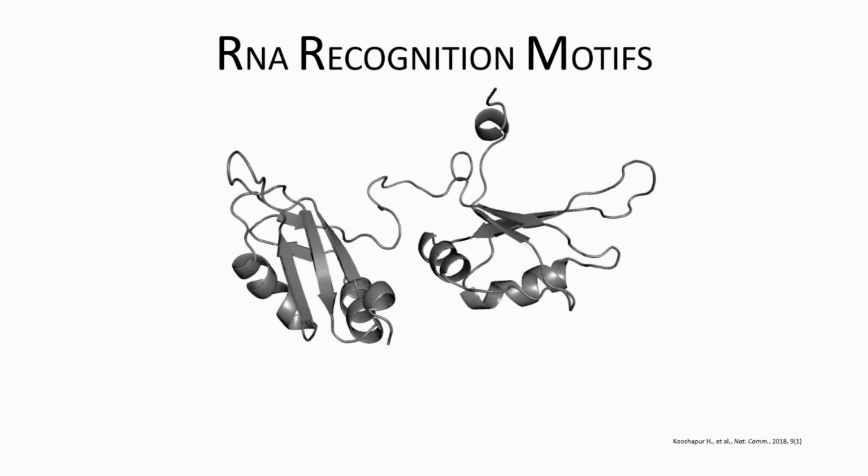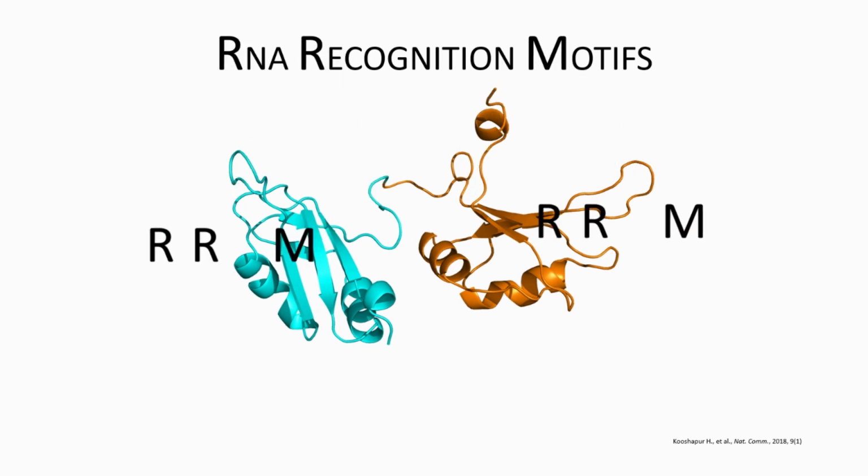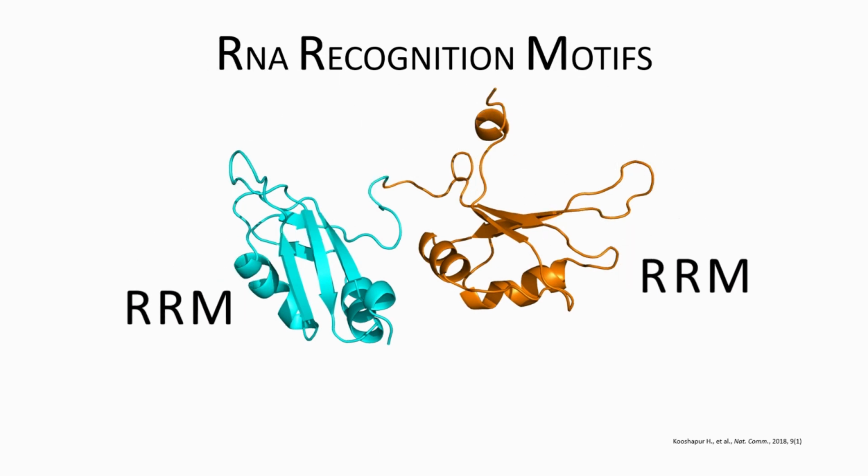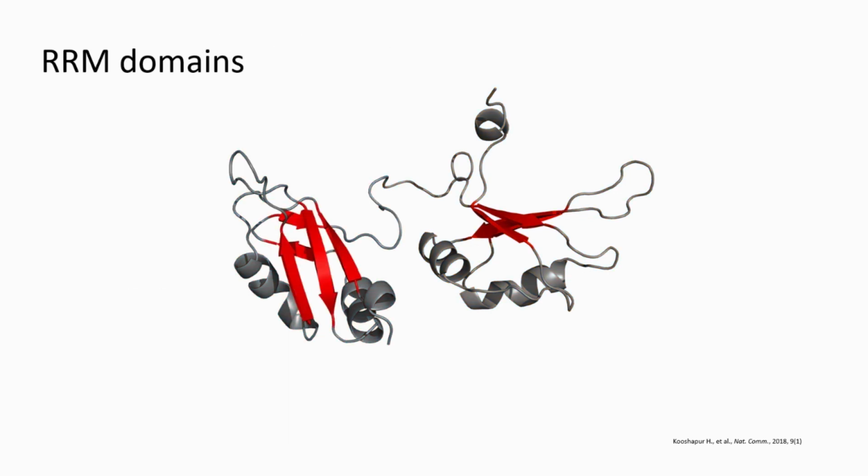In the example I'm showing here, we can identify 2 of these RNA recognition motifs, RRMs for short, and looking at the structure of these RRM domains, we can identify some recurrent structural elements. For example, in the center of this domain, we find a series of amino acids forming what we saw before is called beta sheets.